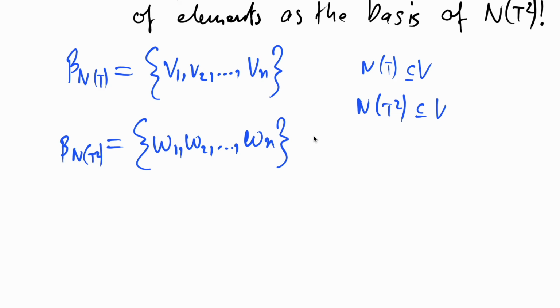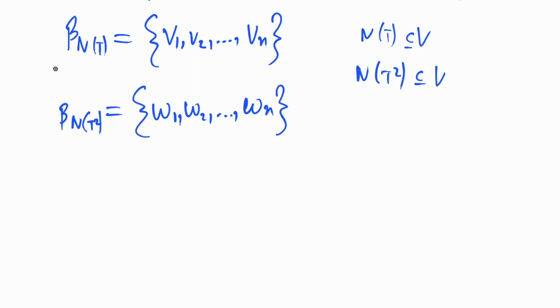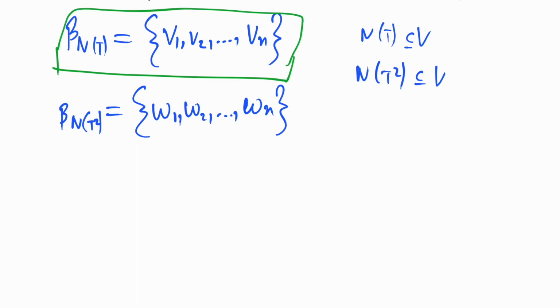Where do we go from here? The bases of NT and NT2 have the same number of elements. We've already established that. Now, this is the basis of NT. All the elements in the basis of NT will also be in the null space, in NT.